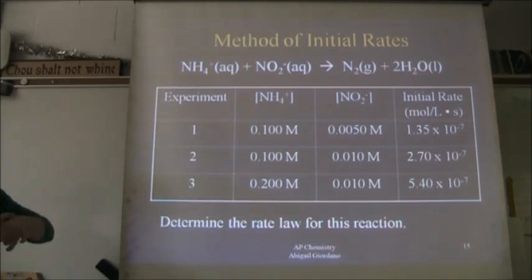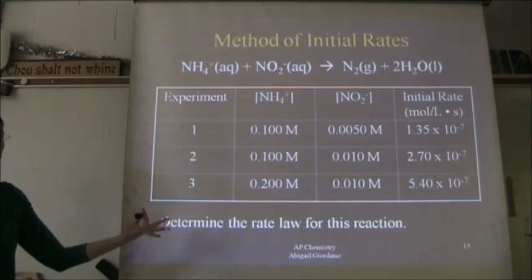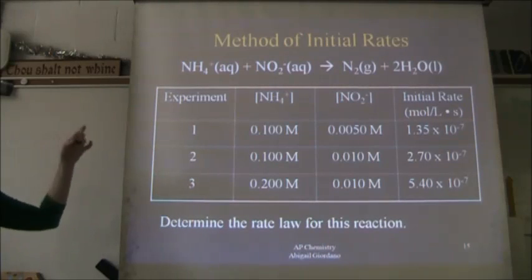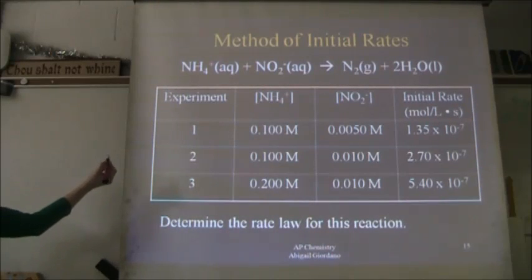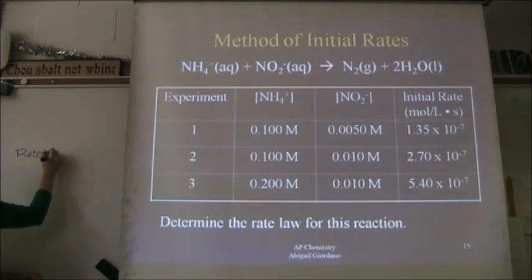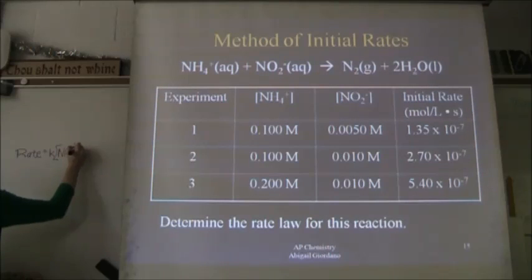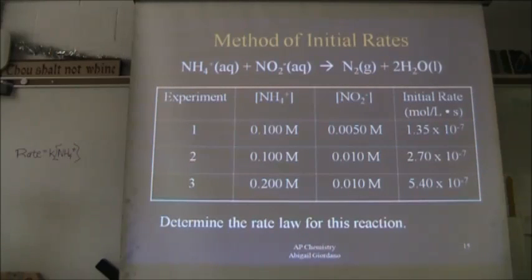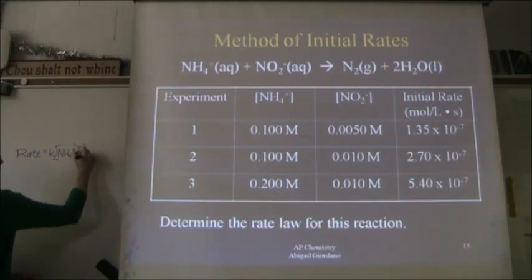Well, here's what a simple rate law for this particular reaction is going to look like. I'm going to write the word rate equals lowercase k, the molarity of my first reactant, molarity of my second.